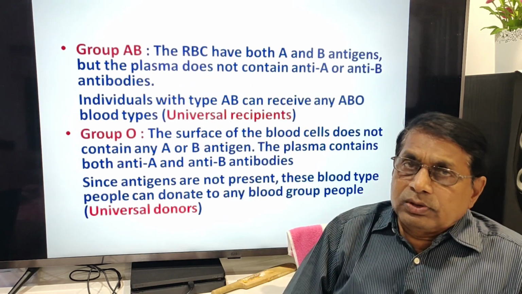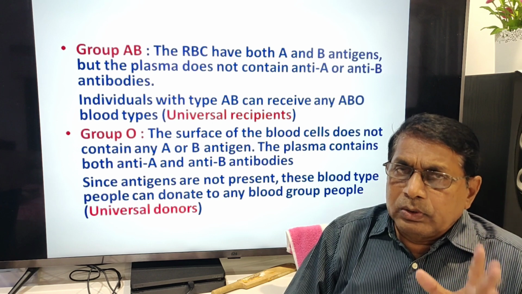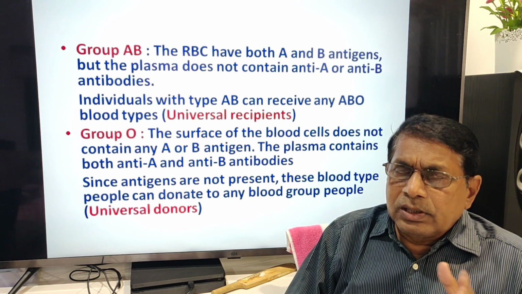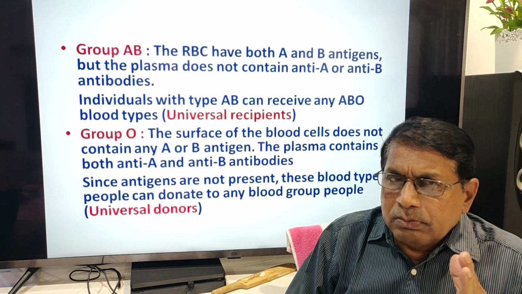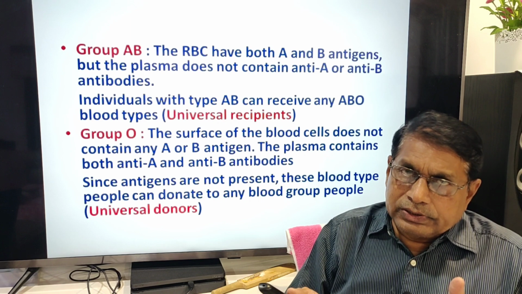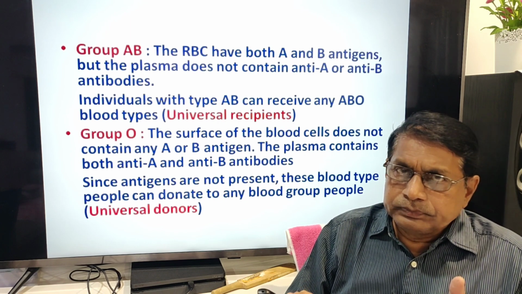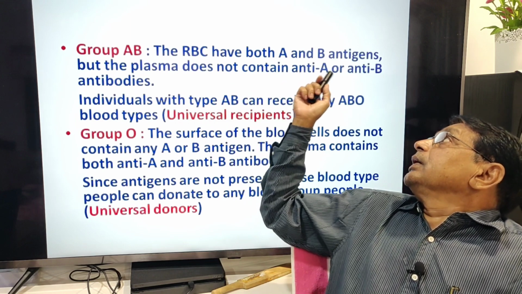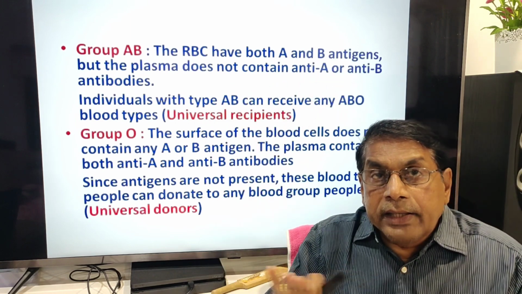Suppose an individual has the AB blood group. On the surface of his RBC, both A antigen and B antigen will be present. But the plasma does not contain any antibodies.